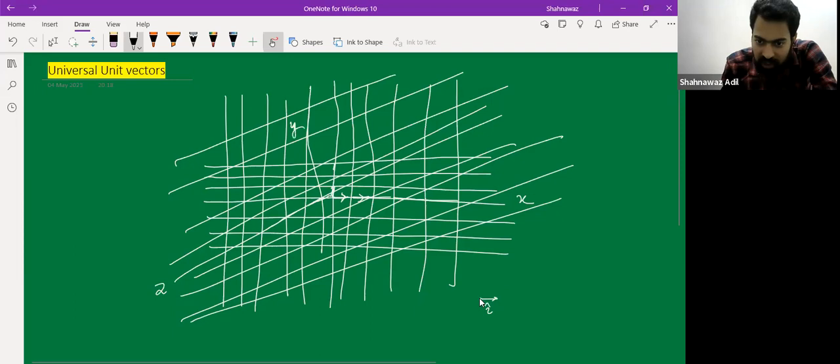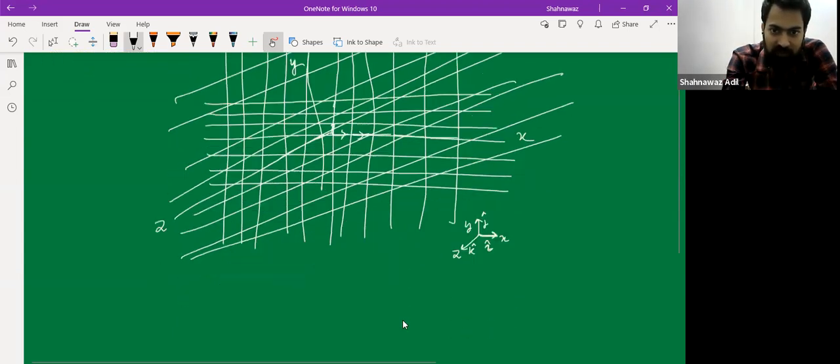In the x direction, 1 unit is called the i hat. In the y direction, the unit is called the j hat, and in the z direction, 1 unit is called the k hat. These are called the universal unit vectors.